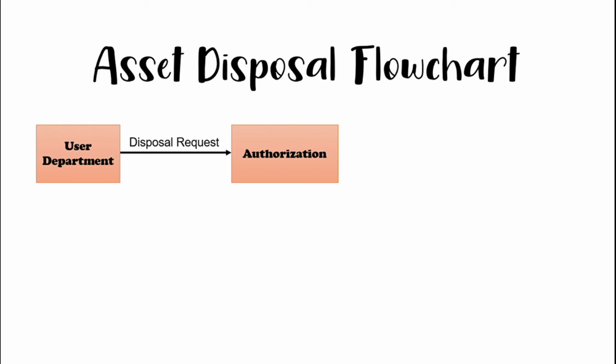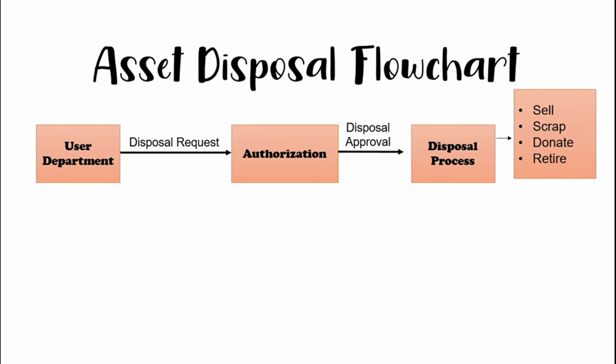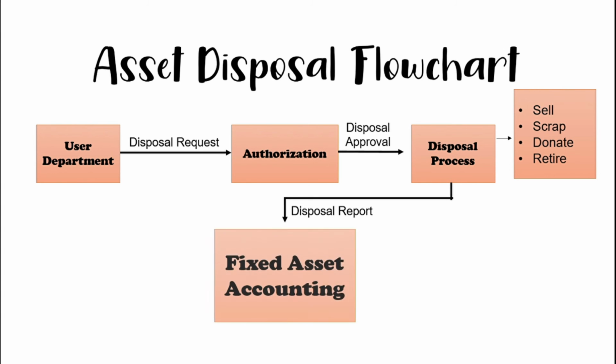Like any other transaction, the disposal of an asset requires proper approval. The disposal options open to the firm are to sell, scrap, donate, or retire the asset in place. A disposal report describing the final disposition of the asset is sent to the fixed asset accounting department to authorize its removal from the ledger.